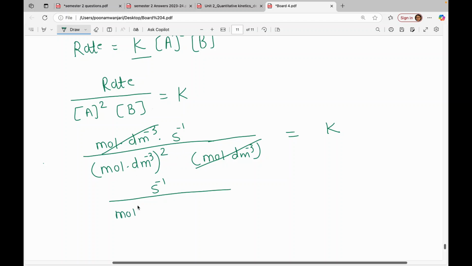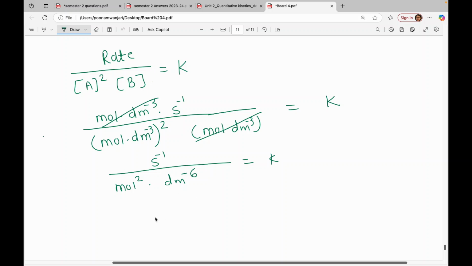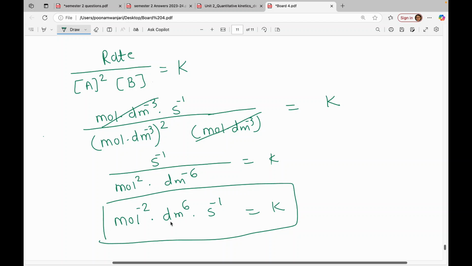It is mole square, and 3 into 2 is 6, so it will be dm minus 6, equal to K. In a simple way, we can simplify it again. As this is in the denominator, when it goes to the numerator the sign will change, so it will be mole minus 2 dm to the power 6 second inverse, equal to K. So students, this is the unit of rate constant.